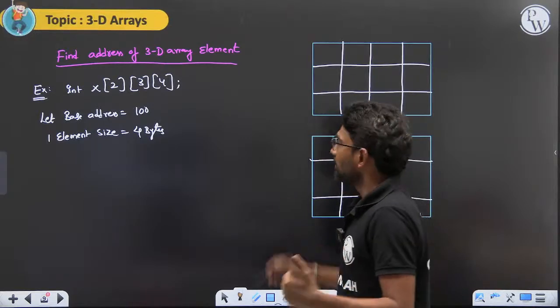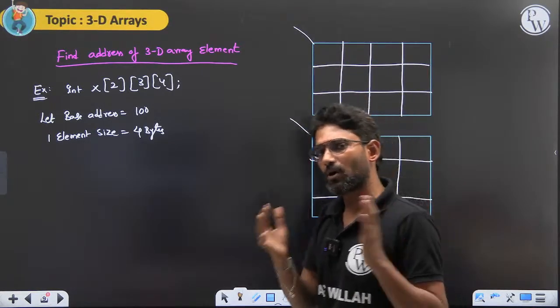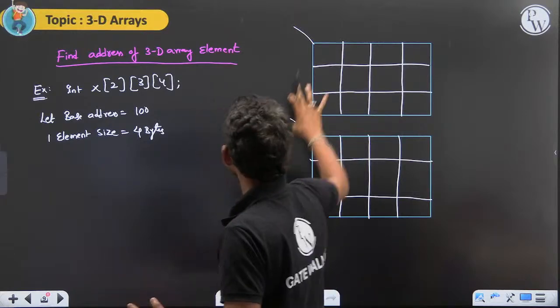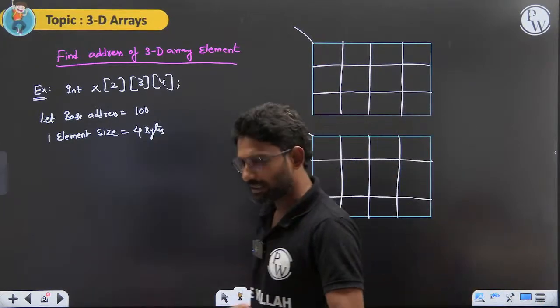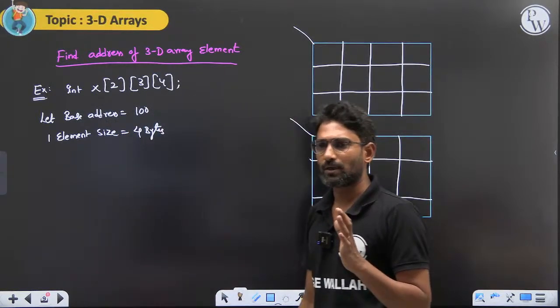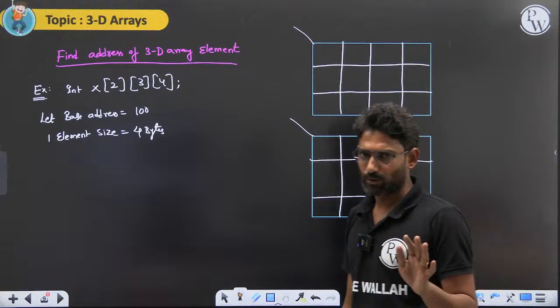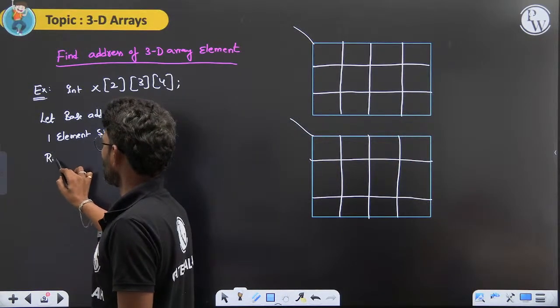As I said, dimension order. Of course row major, column major will come when it comes to 2D arrays, but as C language or C++, Java, Python follow row major order, I am going with row major only, by default.